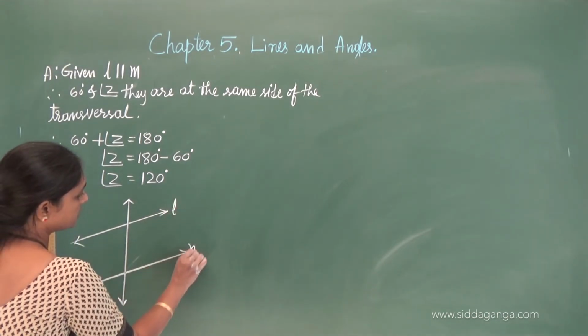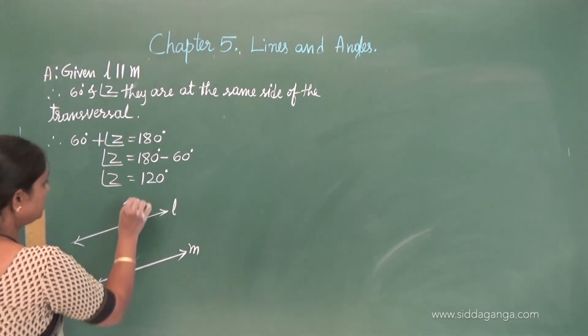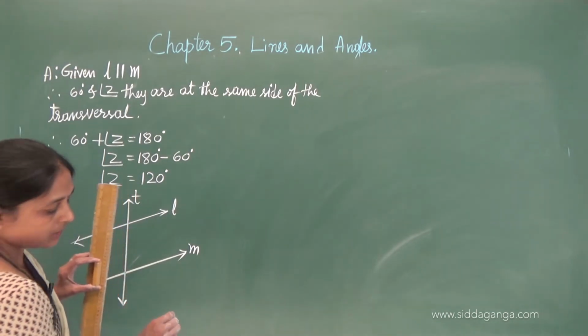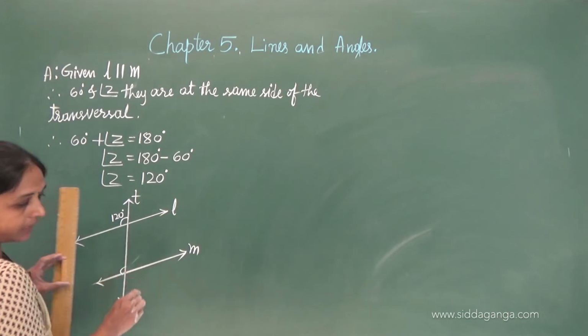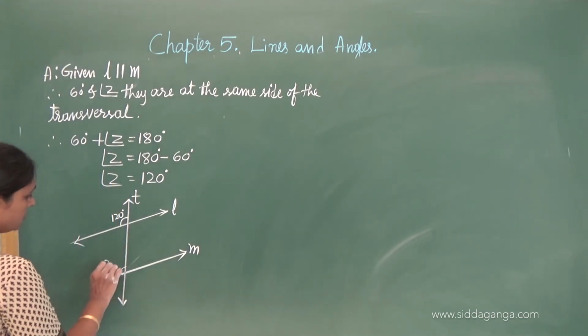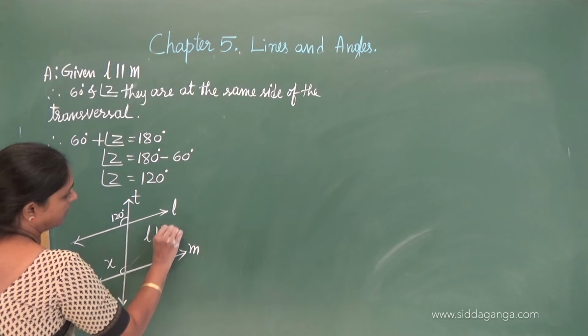This is L, this is M, and this is T. It's a transversal, given it's 120 degree, and here they have given X. Here L is parallel to M.